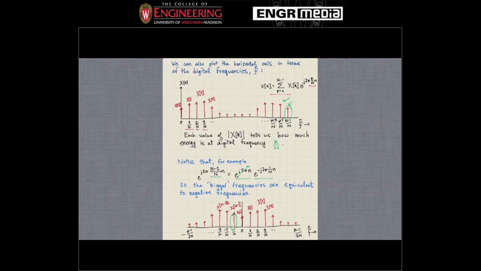And then we can do the same thing for the next frequency, n minus 2 over n. We can write that as minus 2 over n. In the same way that we calculated this, we can do that for all of these down to about halfway. So these bigger frequencies really just correspond to negative frequencies.